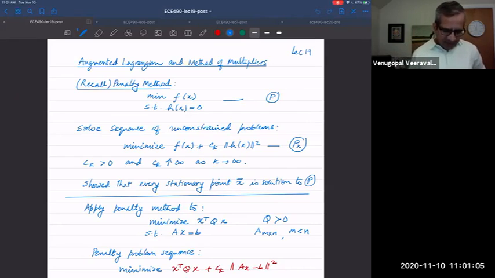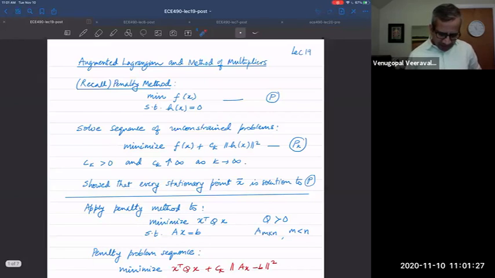Okay. All right. So we said that if we look at the penalty method, that can be used to solve equality constraint problems, then of course you need to let this penalty go to infinity with iterations as k goes to infinity.